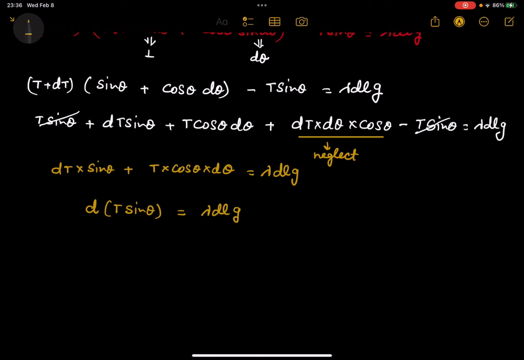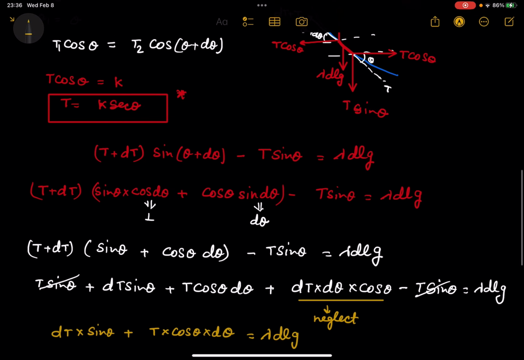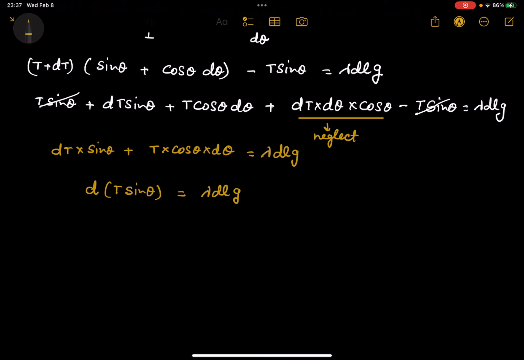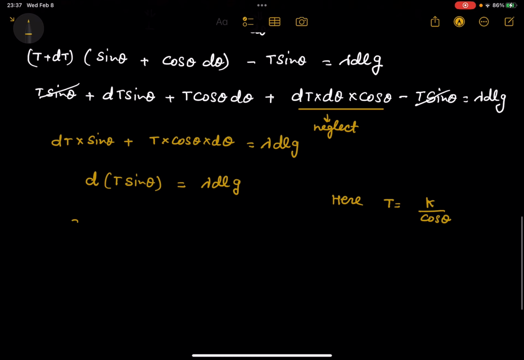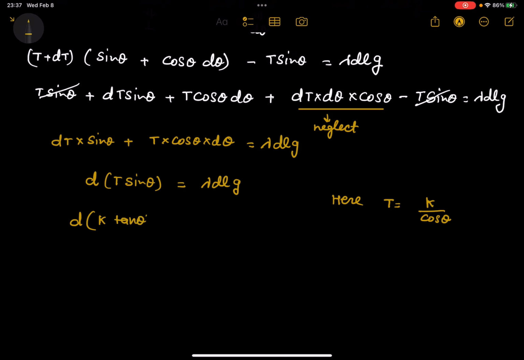So we know very well, if we put the value of T, which I calculated here, it is k sec theta. So T is equal to k by cos theta. Here I can write d times k sin theta upon cos theta, which is tan theta, equal to lambda dl g.